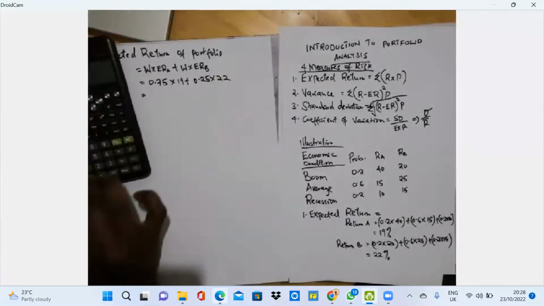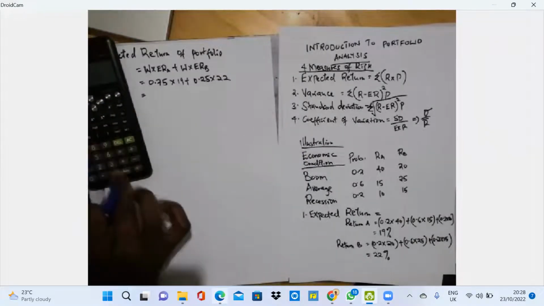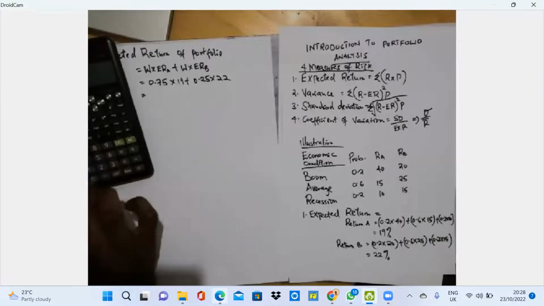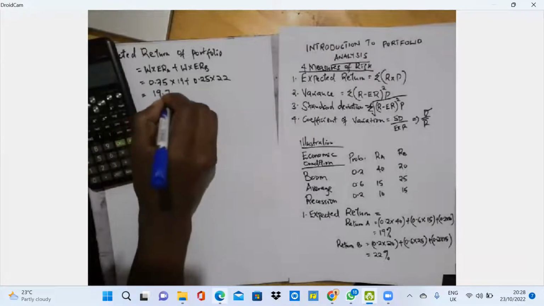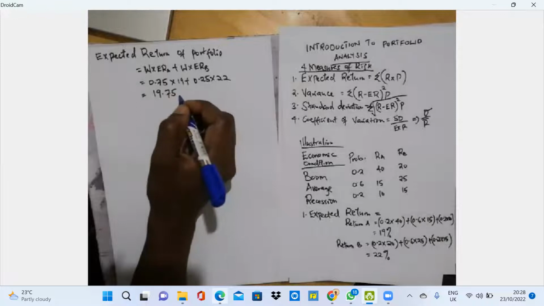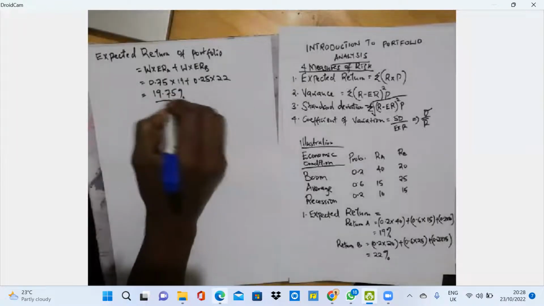So 0.75 times 19 plus 0.25 times 22. So expected return of the portfolio is 19.75.